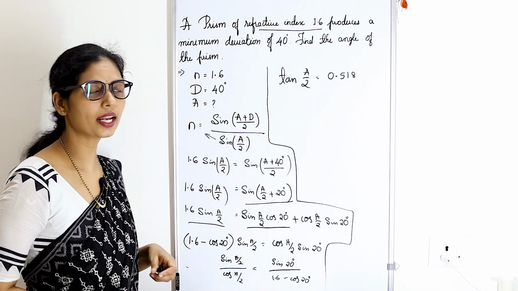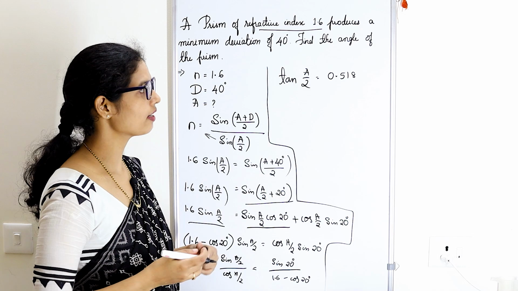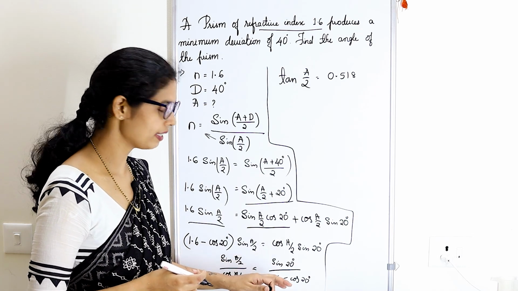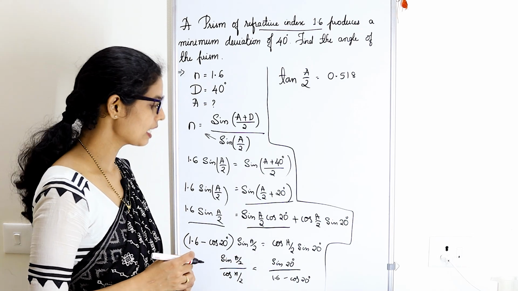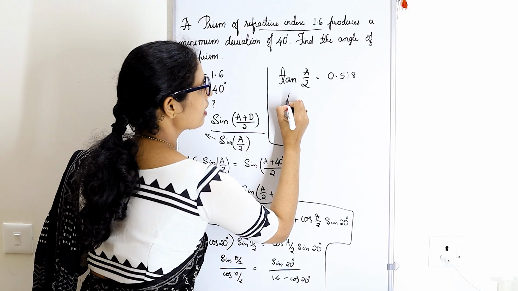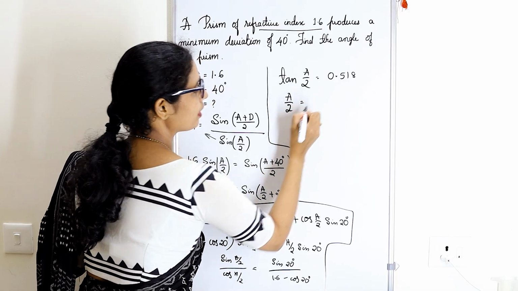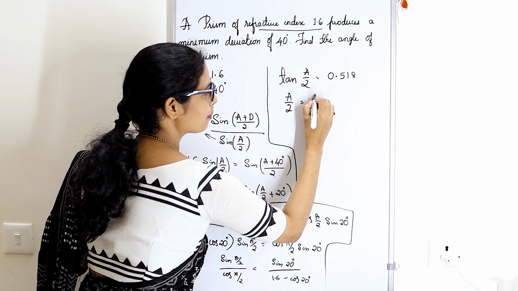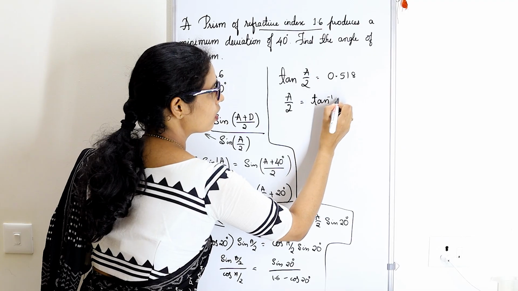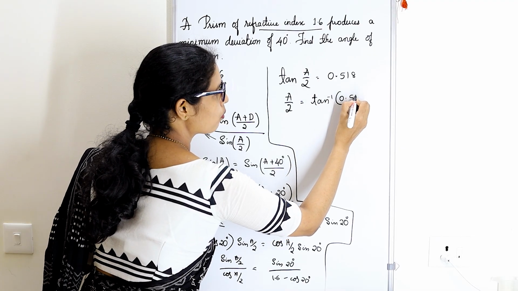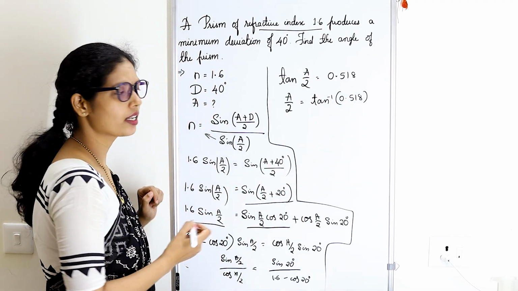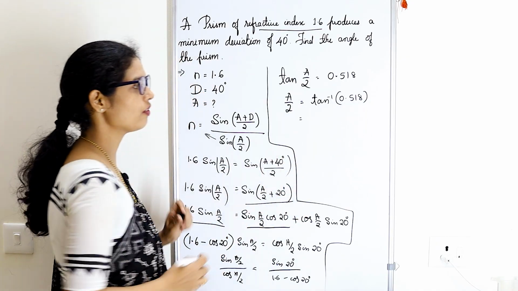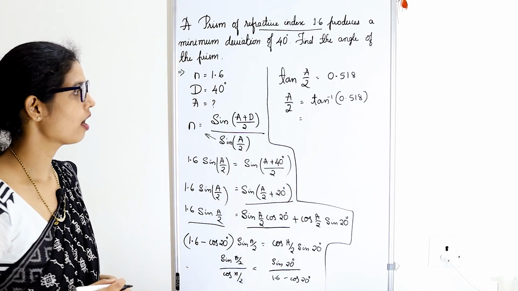0.518. Okay, so you also calculate and get the value for sin 20 degree divided by 1.6 minus cos 20 degree. So here A by 2 equals, tan goes to the other side, it becomes tan inverse of 0.518. So again get the value for tan inverse of 0.518.